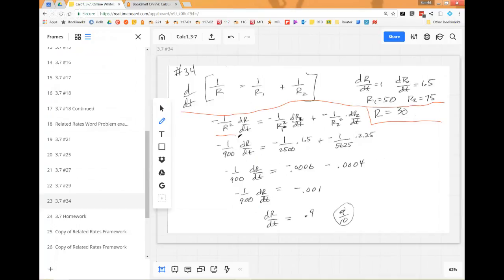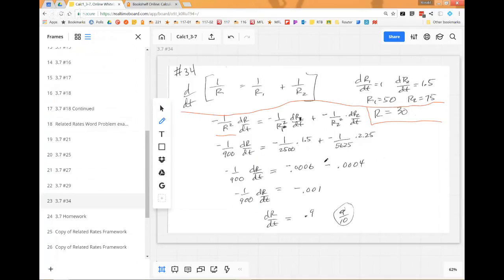I don't have it all written out, but that's the quotient rule that gets me to that point. Then of course we have to multiply by the derivative of R with respect to t. On the right side, same thing: negative 1 over R1 squared times dR1 dt, plus negative 1 over R2 squared times dR2 dt.